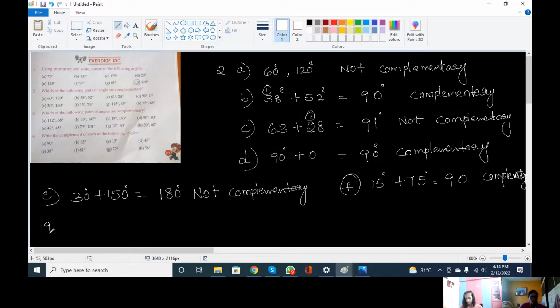Next, G bit. 115 plus 65. 5 plus 5, 10. 6 plus 1, 7. 8. Again, these are 180. So these are not complementary. These are supplementary.